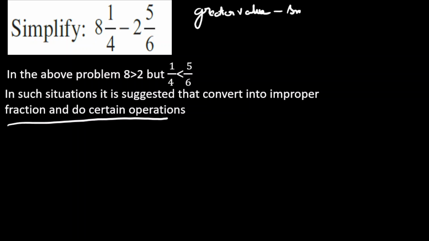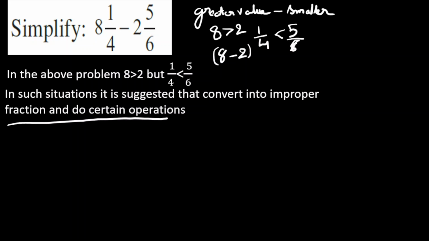We can't subtract a greater value from a smaller value. Here we need to subtract 2 5 by 6 from 8 1 by 4. Here 8 is greater than 2, so we can subtract the 2 from the 8. But here 1 by 4 is less than 5 by 6.